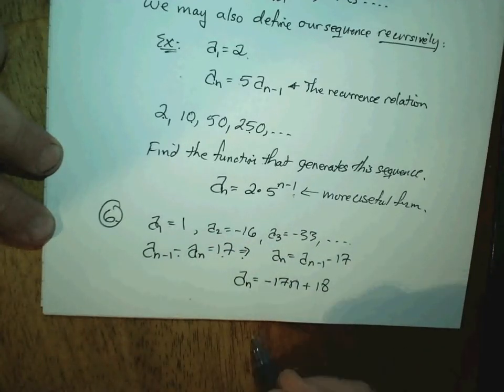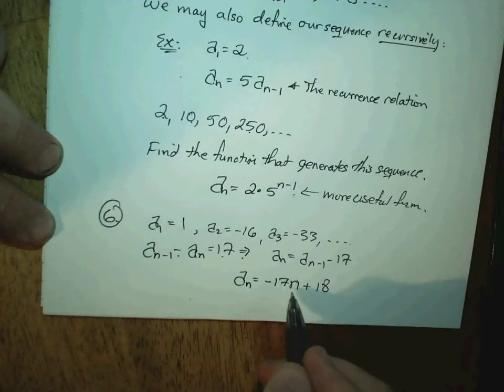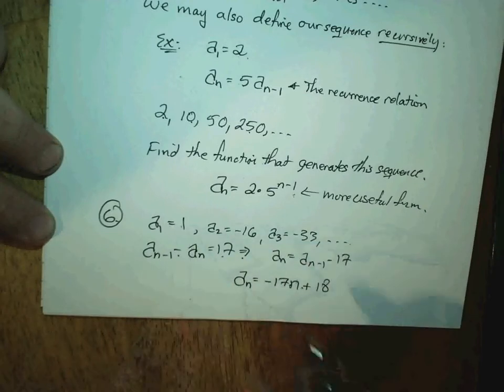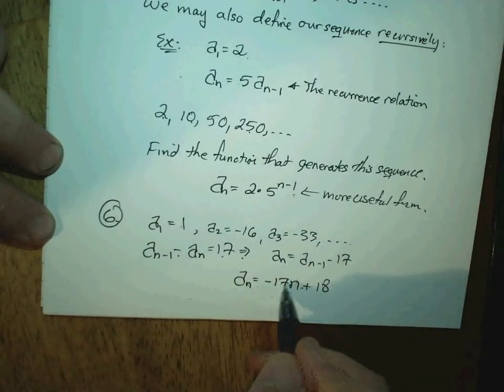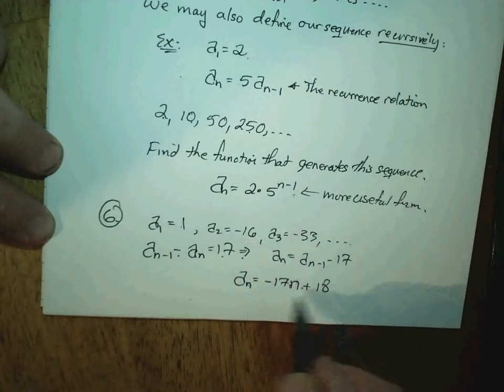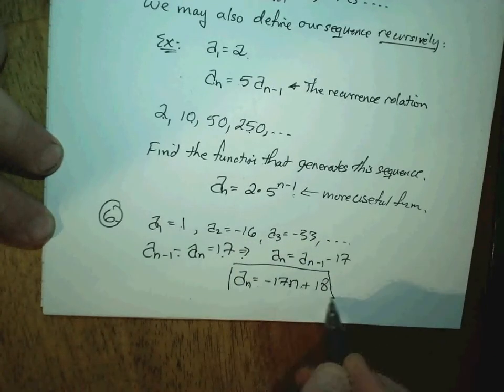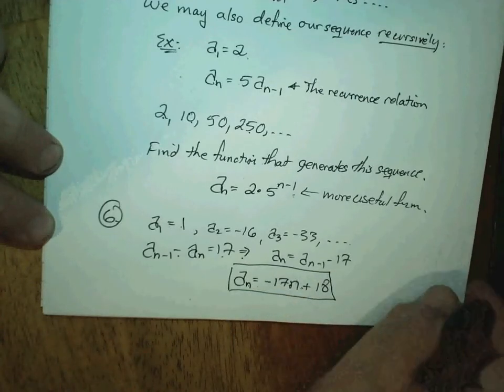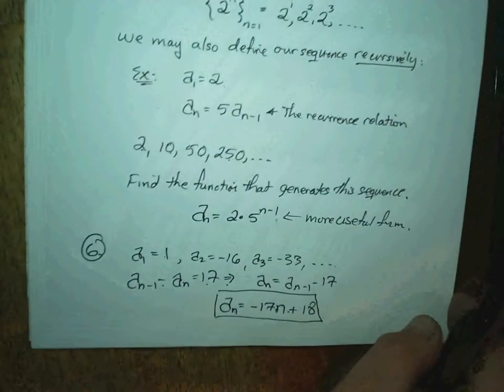I'd have to add 18 to that. And that works, right? A sub 1, negative 17 times 1 plus 18 is 1. A sub 2, negative 17 times 2 is negative 34, plus 18 is negative 16, and so on. So this is the generating function for that sequence in problem 6.